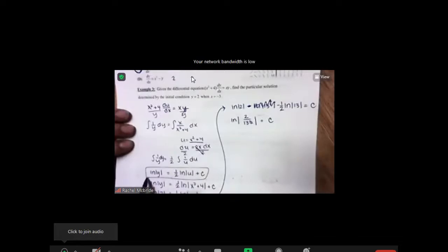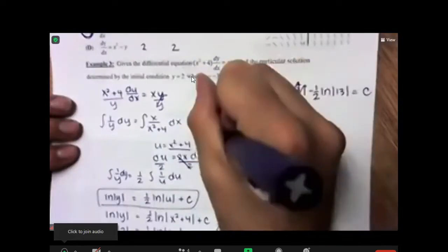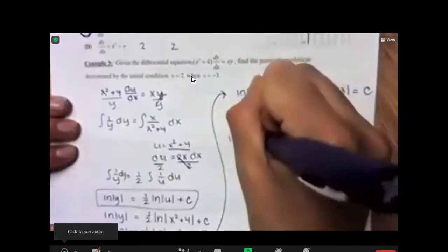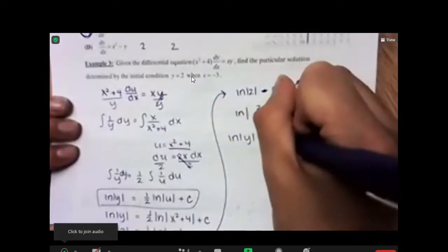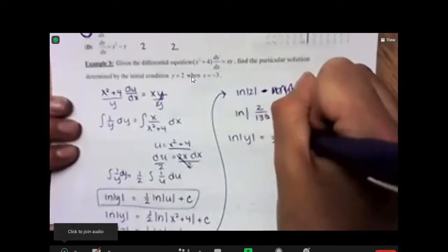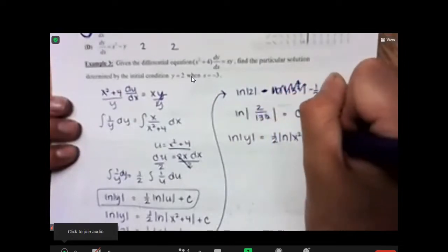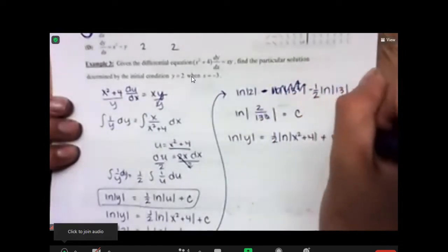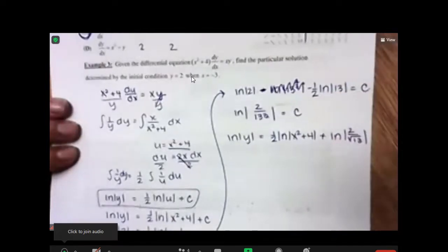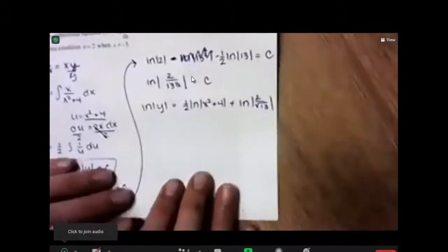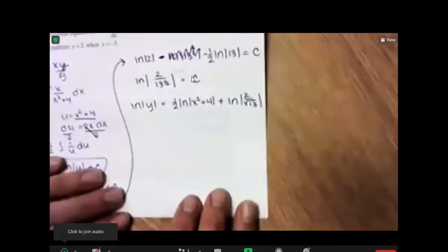All right. So then I go back to this step here. And in order to get rid of the natural logs, I would e both sides.